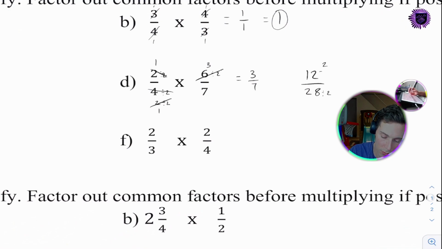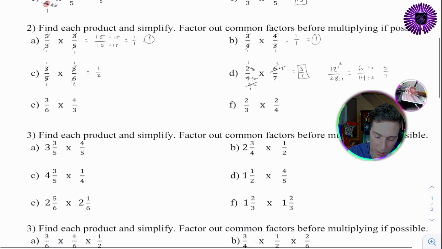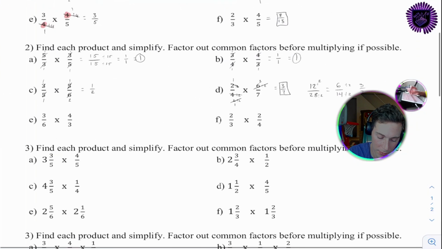Divide by 2, which equals 6/14, which simplifies, divide by 2 again. Oh, 4 was the GCF, that's why. And then it becomes 3/7. Okay. Gotcha. That's what happened, because I divided by 2 twice. Gotcha. Okay.